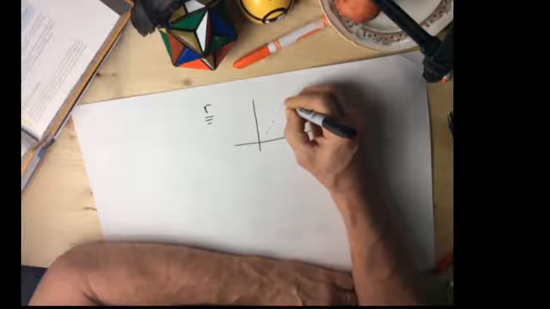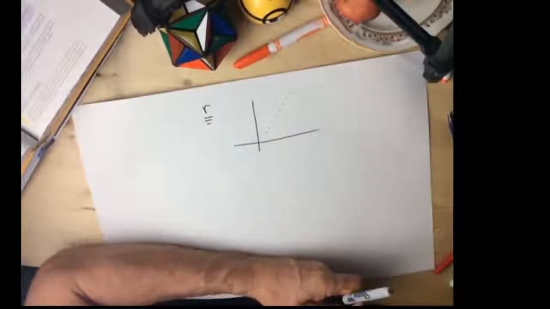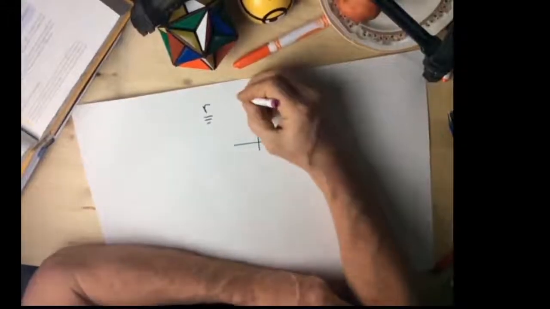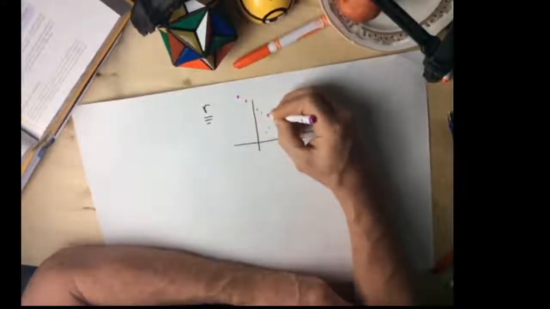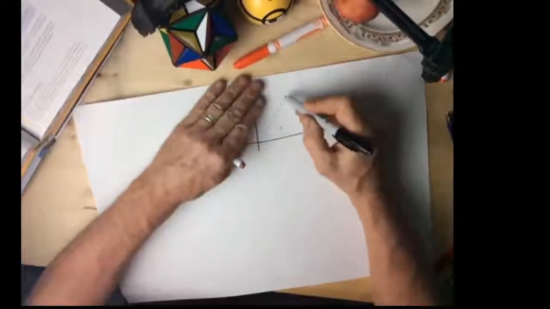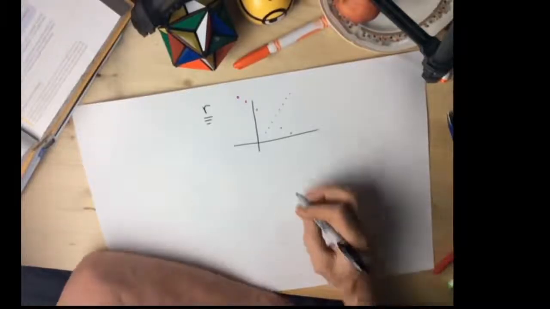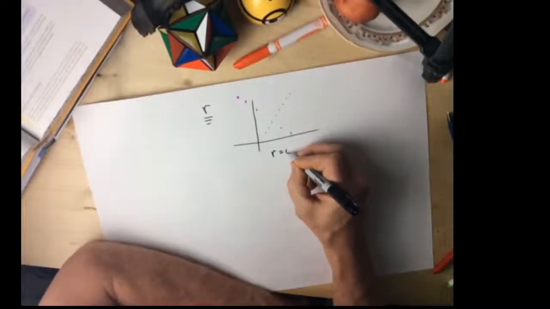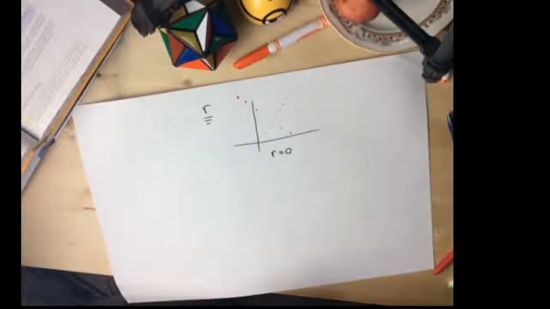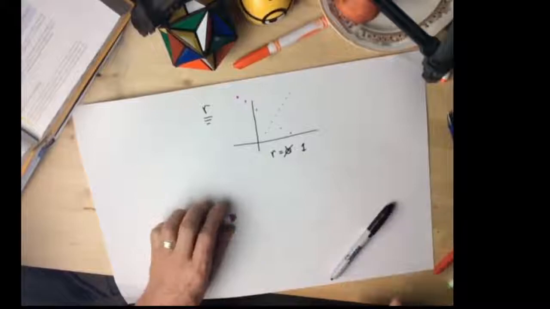So if all the dots are perfectly in a row, this type of super strong correlation represents r equals 0. Sorry, made a mistake there. R equals 1. A perfect relationship.